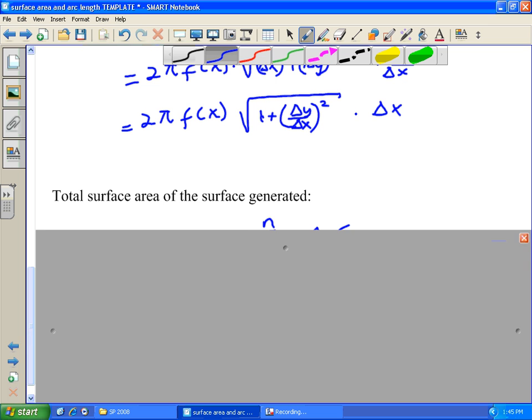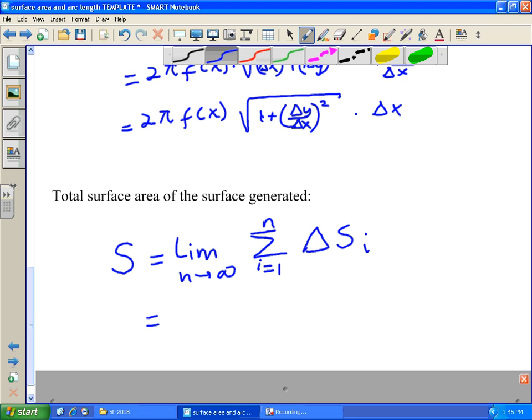So again, we add those, and eventually you end up with the integral. By the way, capital S is used for surface area. So this is the surface area of one little band. And now I want the total surface area by taking the limit of a sum of the answer from the top. So follow from here and tell me what I should put inside this integral.